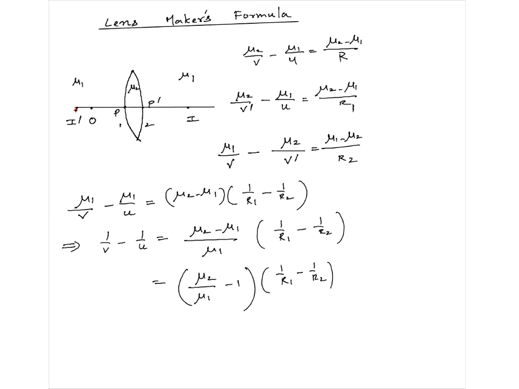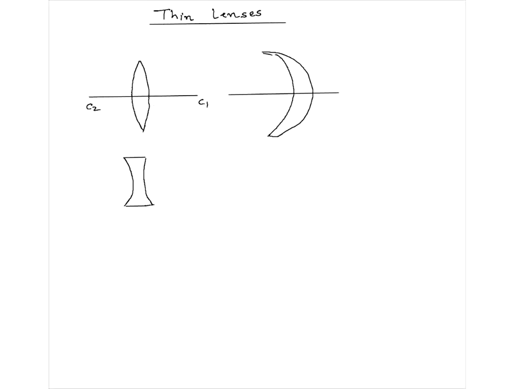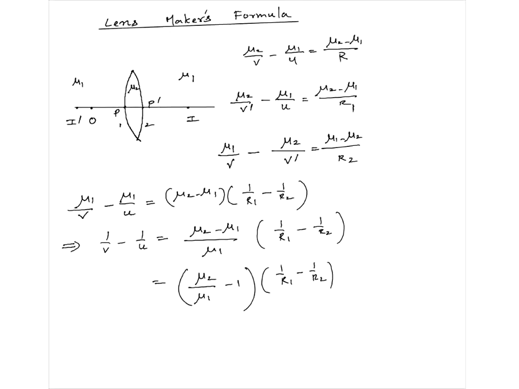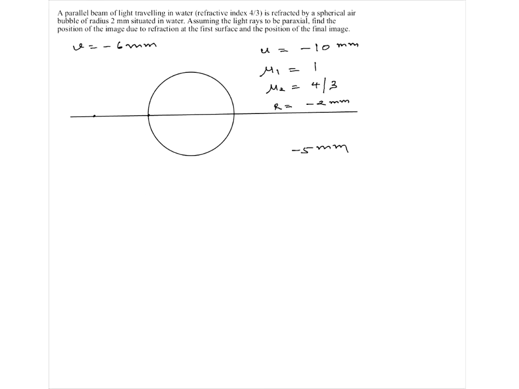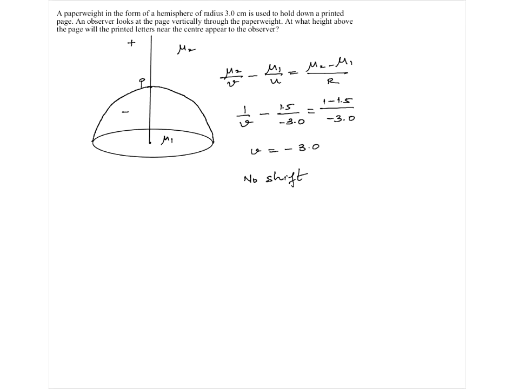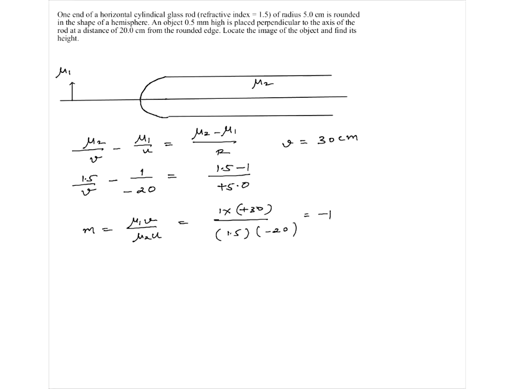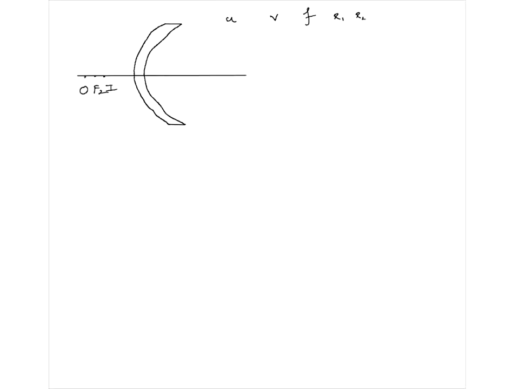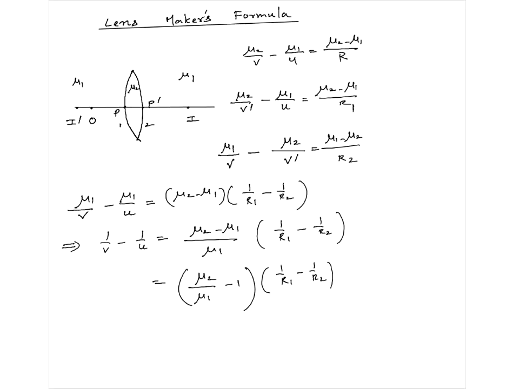But we still took it as PI dash. So this is only good if lens is thin. Otherwise you must go back and use this type of thing. This is a fat lens. So we have been making approximation already.